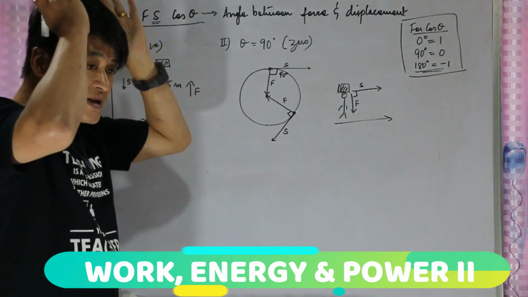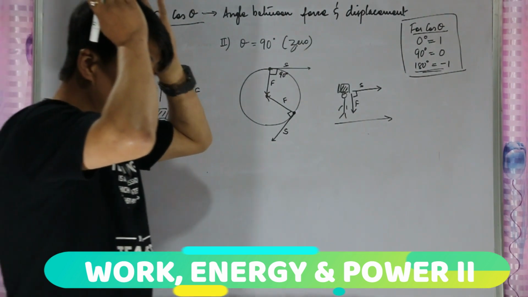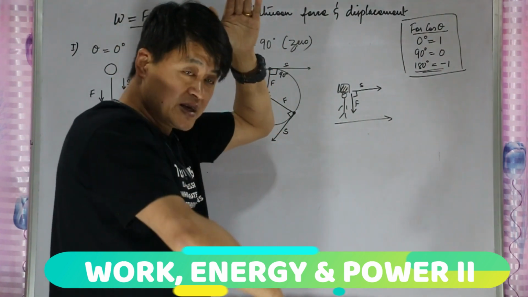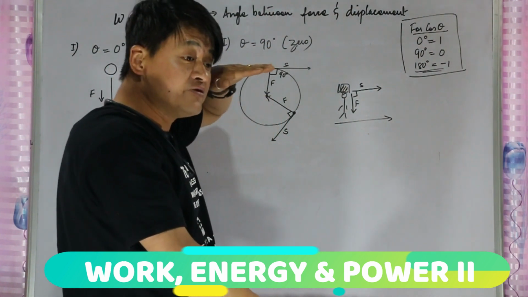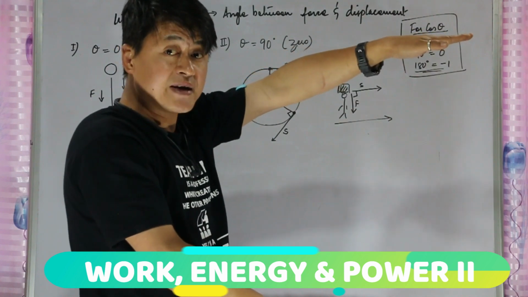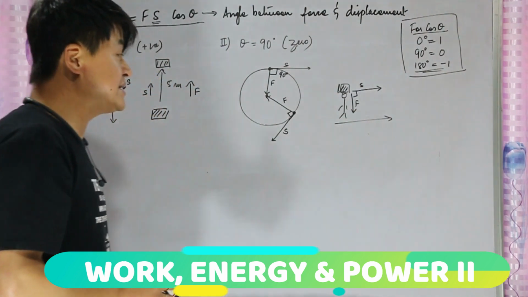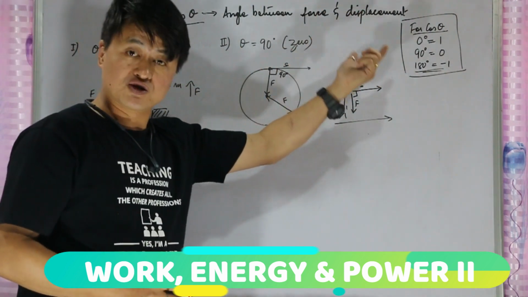When a coolie walks in a horizontal path carrying a load on his head, the force is downwards and the displacement is straight, so the angle formed between them is 90 degrees. So cos 90 degrees is equal to 0.